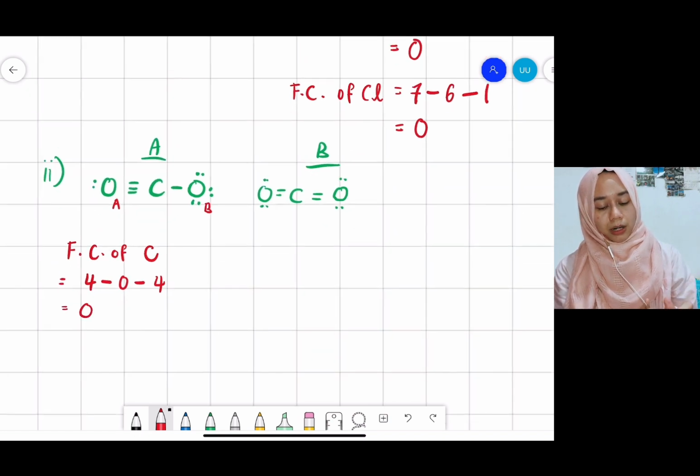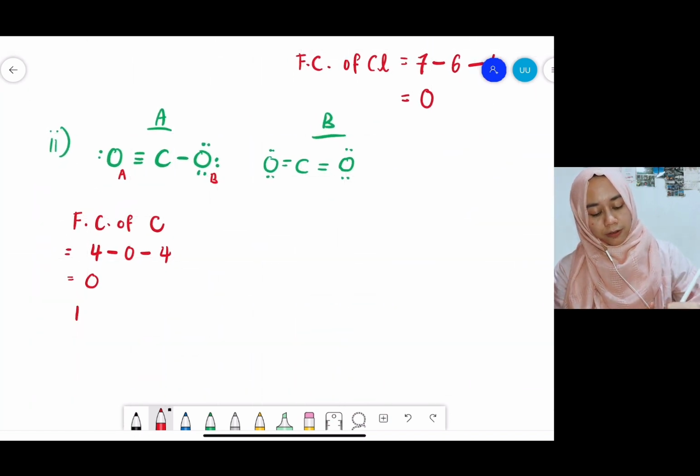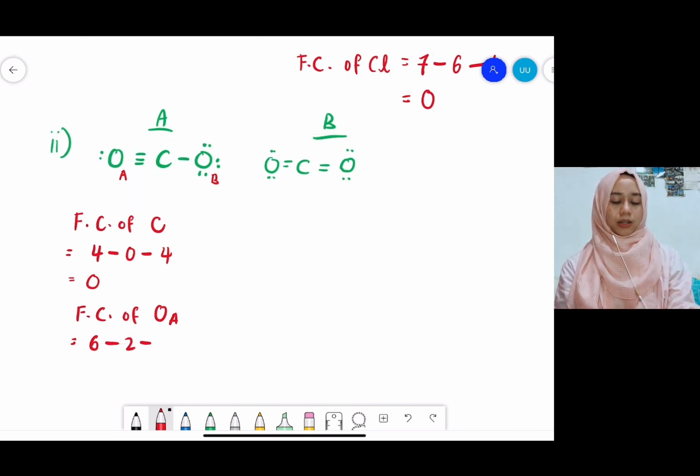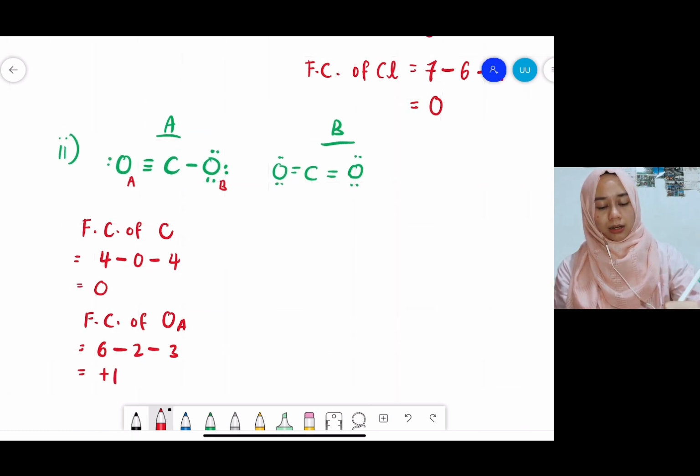Itu untuk carbon. Okay, untuk kita punya formal charge of oxygen A pula. So oxygen A dia ada 6 valence electron, and then dia ada satu je lone pair, bermaksud dia ada 2 lone pair elektron. And then dia ada 3 bonding pair. So tolak 3. So kamu akan dapat positive 1 dekat sini. Okay, so OA dia punya formal charge adalah positive 1.